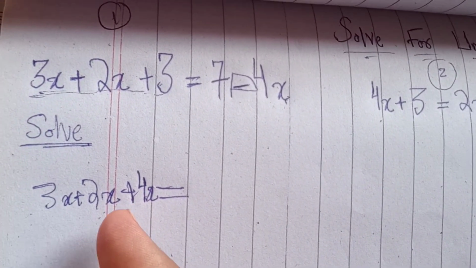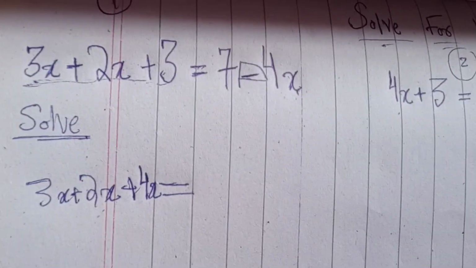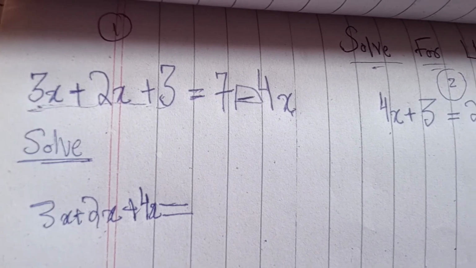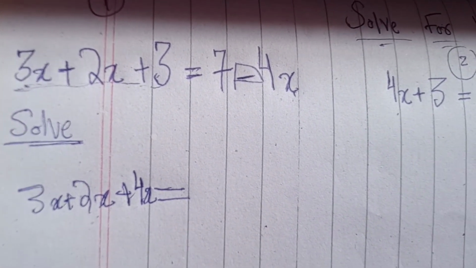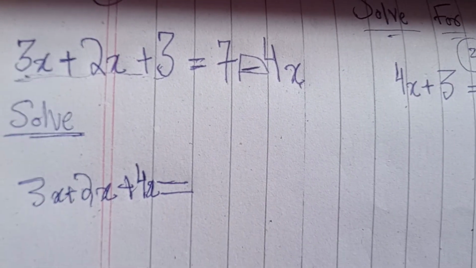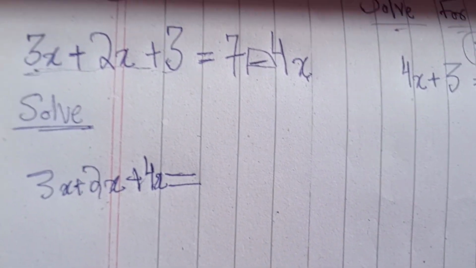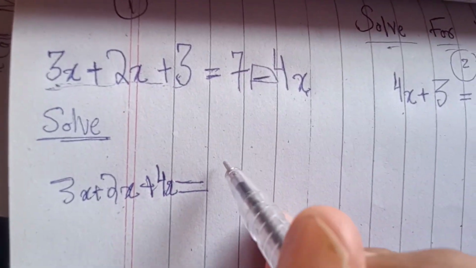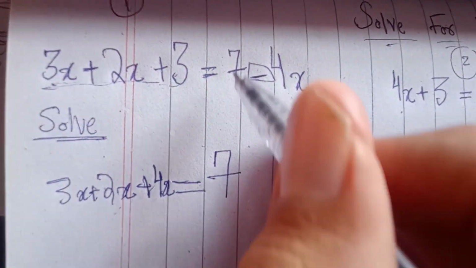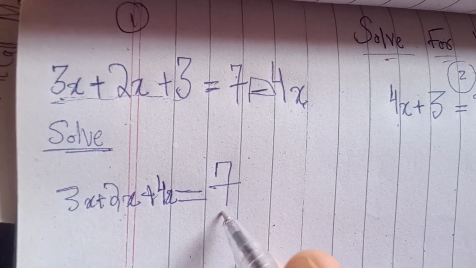As we know, the plus and minus signs are reversed when we move terms to the opposite side. Now on the right hand side, the 7 remains the same in its position.